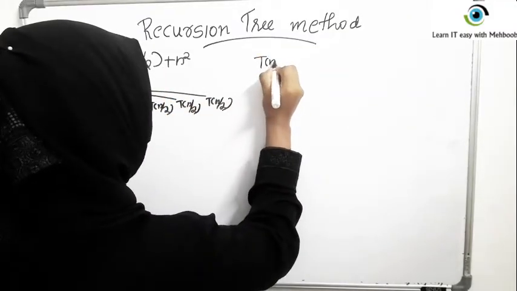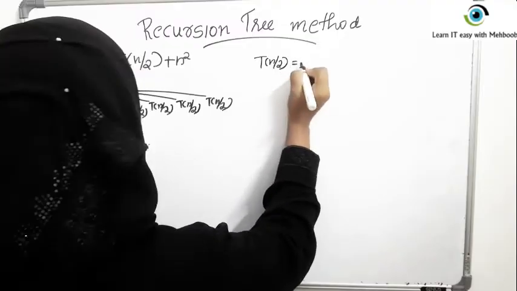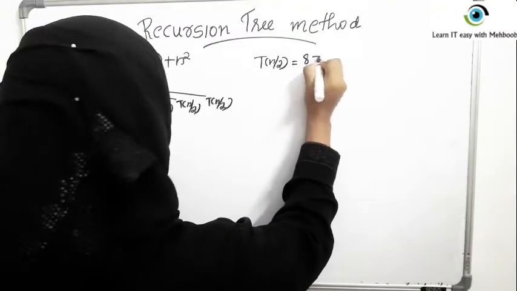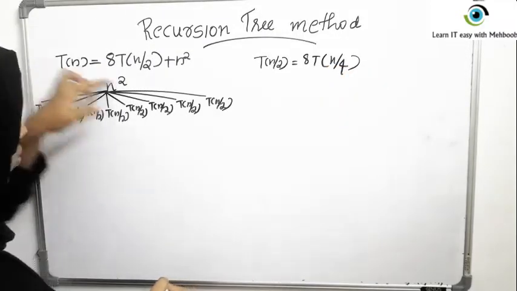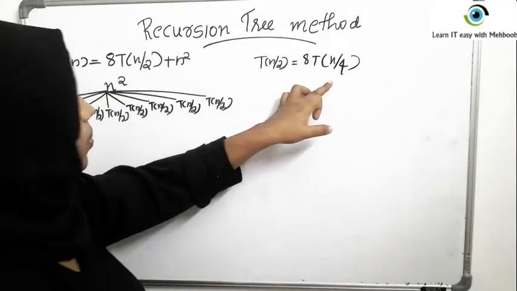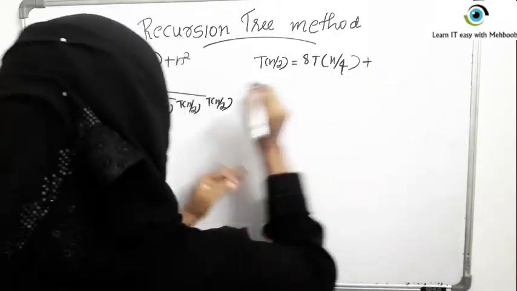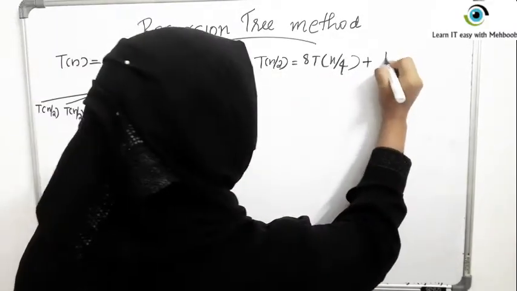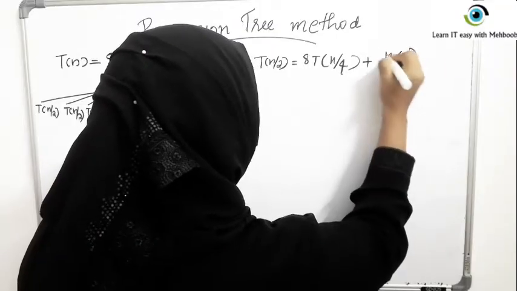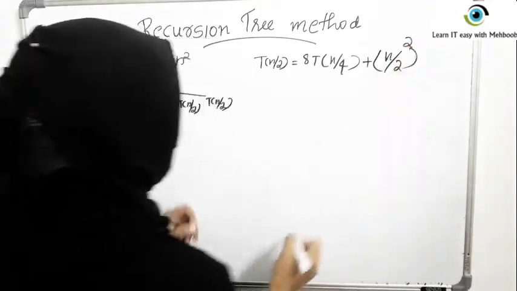So T of n by 2 will definitely be 8 T of n by 4, isn't it? Because when it was n, this was n by 2 here. So when it is n by 2, it will be n by 4 here. Plus, if it is n square, this is n by 2 the whole squared here.